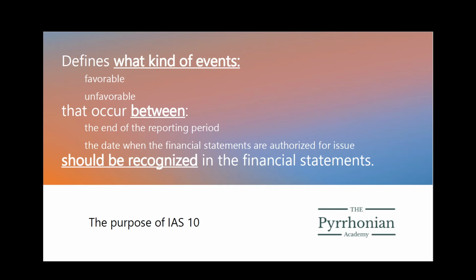And the standard provides some guidelines on which of these events that occur between these two dates should be recognized in the financial statements and which of them should not be recognized.